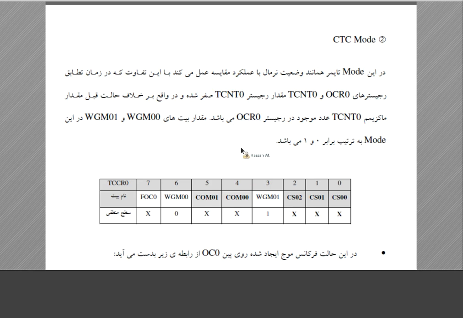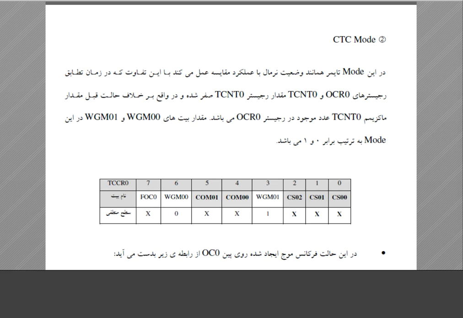In CTC mode, we start from, for example, 0 and go up and up, increasing the T count, but before reaching the top, FF, we reach OCR. OCR is an 8-bit register, written by us.